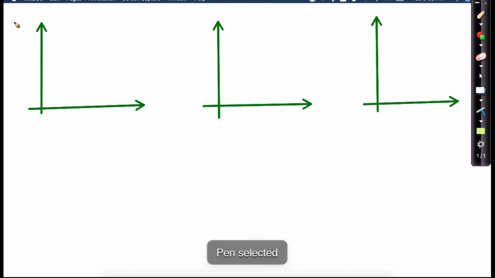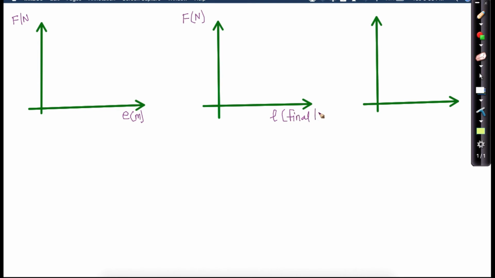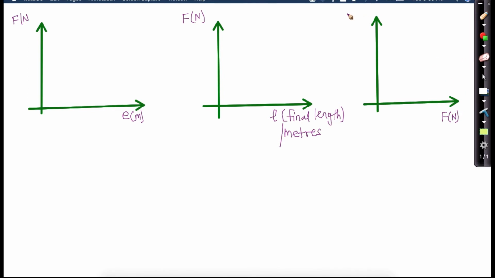Now here on the y-axis I am taking force in newtons, x-axis extension in meters. Here force in newtons, extension, no, this is not extension, this is L. L means final length, and this is in meters. In this case, this is the force in newtons, and this is the extension in meters.